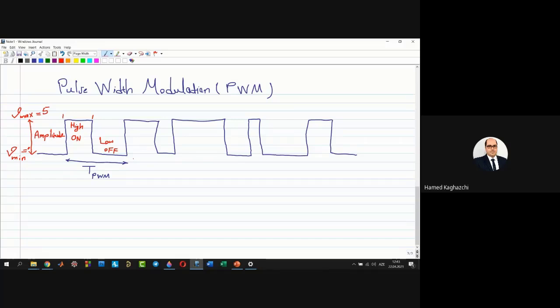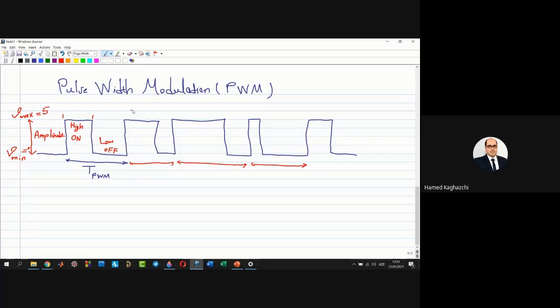For each period, you can find that the signal is high, low, high, low, high, low.